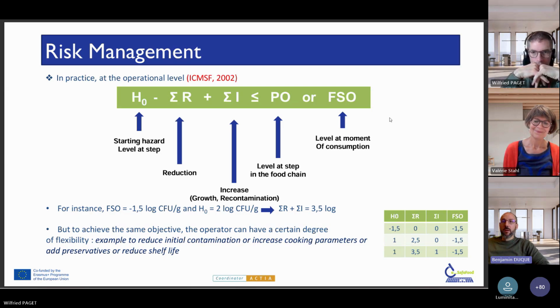For example, the FBO can reduce the initial contamination, or it can also increase cooking parameters to reduce the population more effectively, or it can also decide to add preservatives or reduce the shelf life to limit the growth.